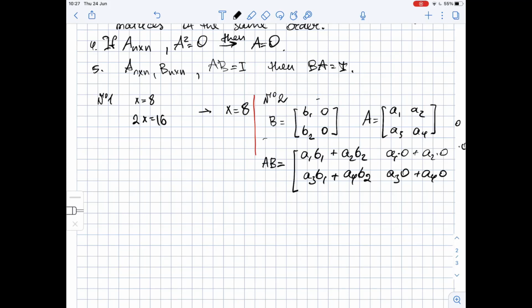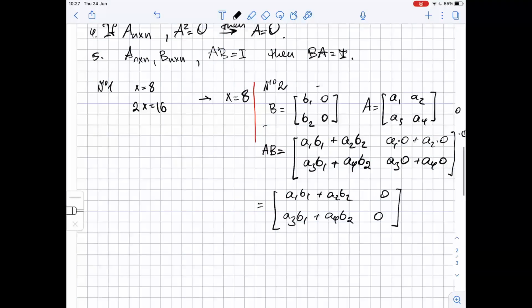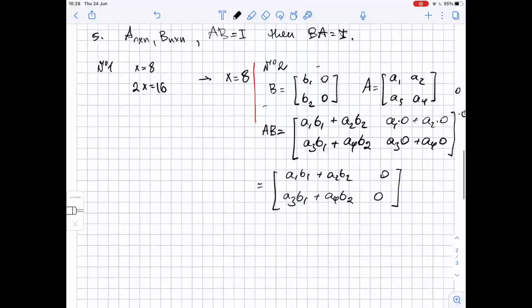So as you can see, the second column of the product matrix AB equals 0, which proves that the given statement is true. If one of the matrices has a column with zeros, then the product of these matrices will also have a column with zeros.